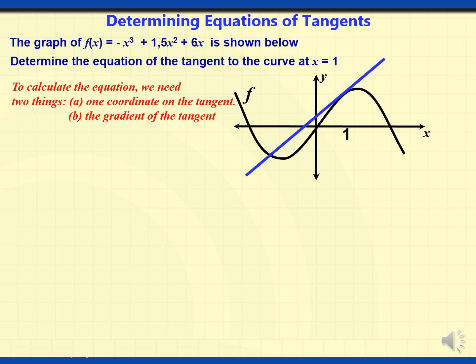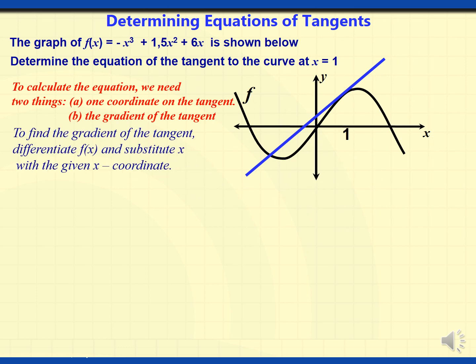Then the second piece of information that we need is the gradient of the tangent. Once we get these two pieces of information, then we are able to determine the equation of our tangent. Now, the next part will be, how do we determine these two?